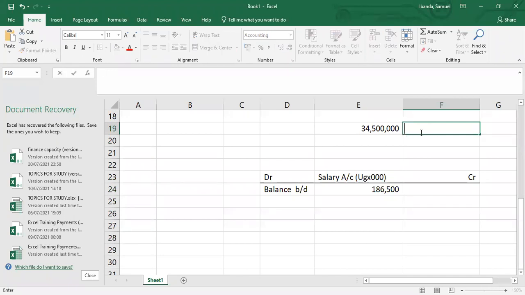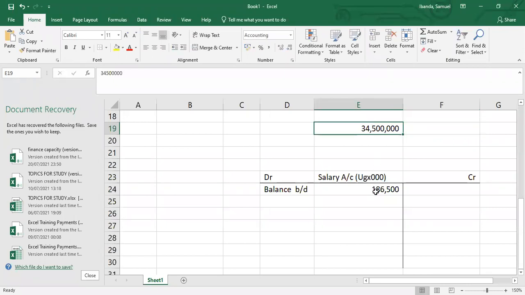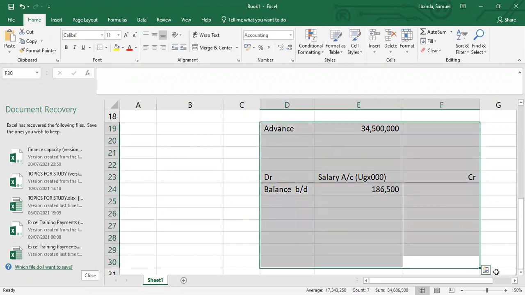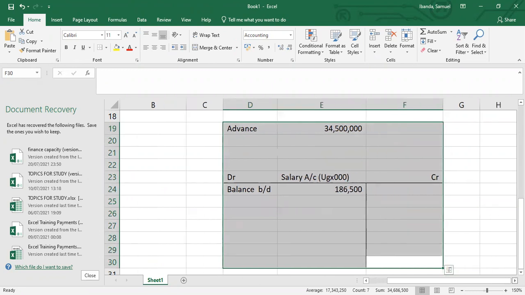This is 186,500,000, and now this is 34,500,000. This amount is an advance. This relates to the next financial year. This is at the start before we make the adjustment.